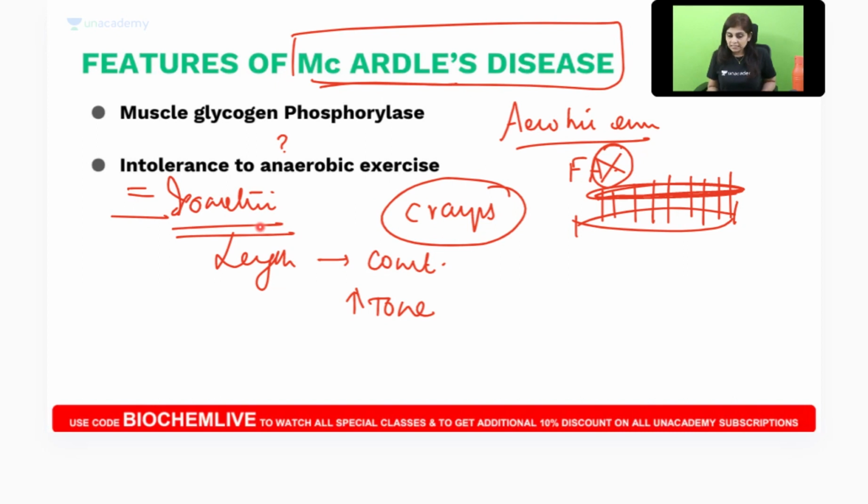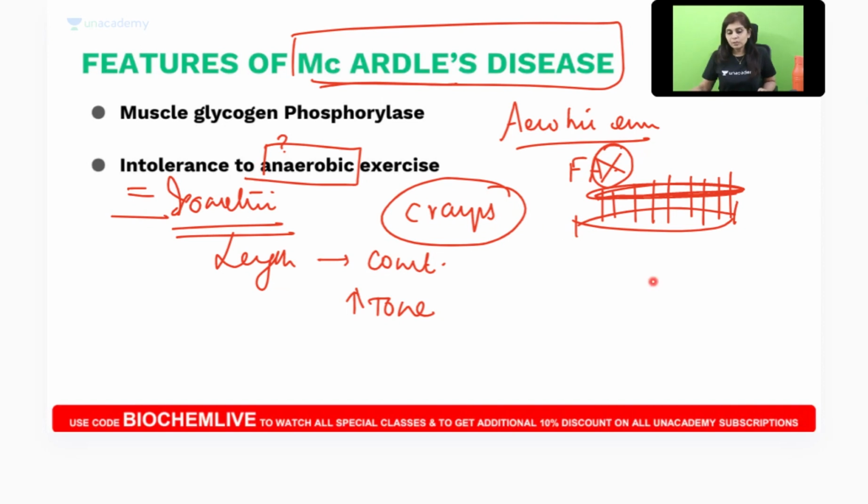Okay. Now, in this case, if glycogen phosphorylase is defective, first tell me, if it's anaerobic exercise, what will be the preferred fuel? If it's aerobic exercise, fatty acid becomes the preferred fuel. If it's anaerobic exercise, what is the preferred fuel? It is glucose. And from where will the muscle get its glucose?